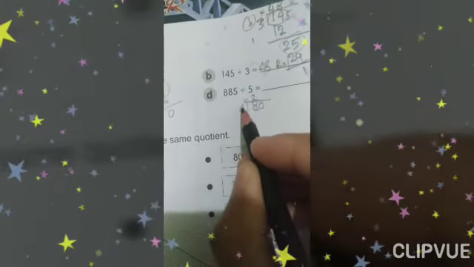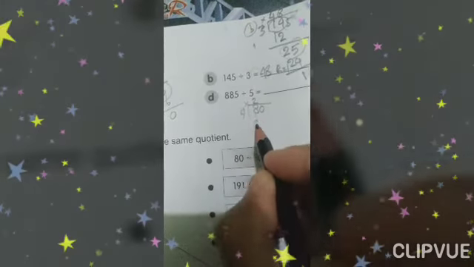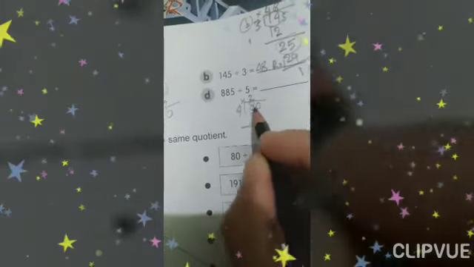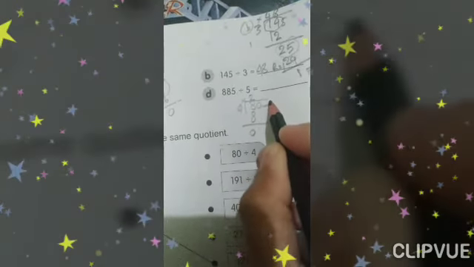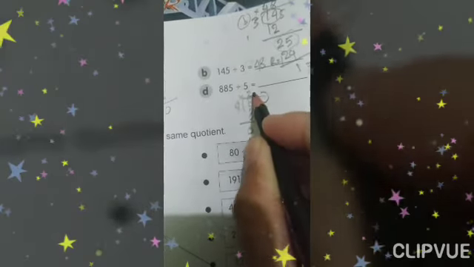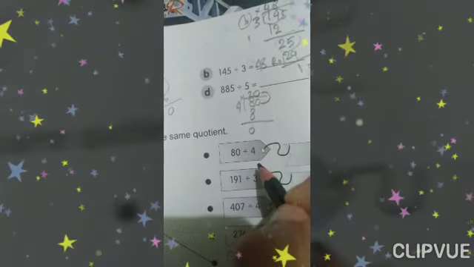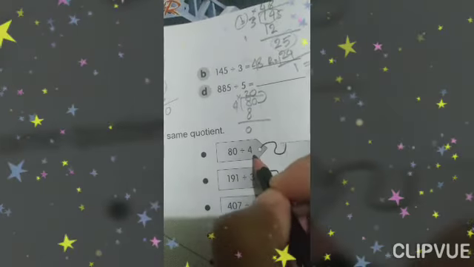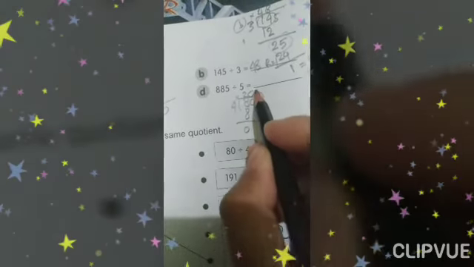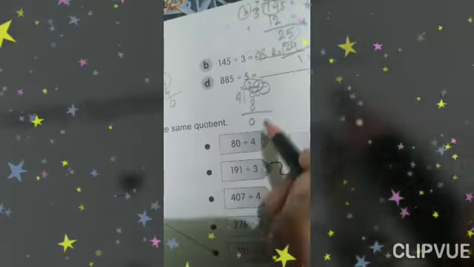We check. 4 times 2 equals 8. 8 minus 8, 0. So we put 0 here. Yes. So 80 divided by 4 equals 20. Right?